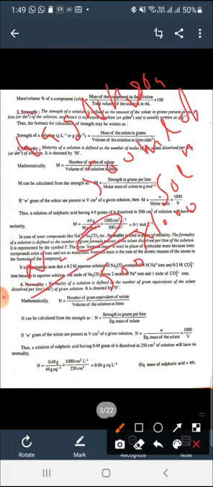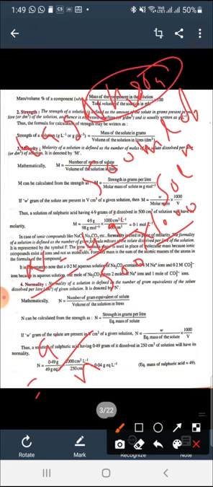Here number of gram equivalents is equal to given mass, 4.9, upon equivalent mass. Now equivalent mass is equal to molecular mass by n. Molecular mass of H2SO4 is 98.